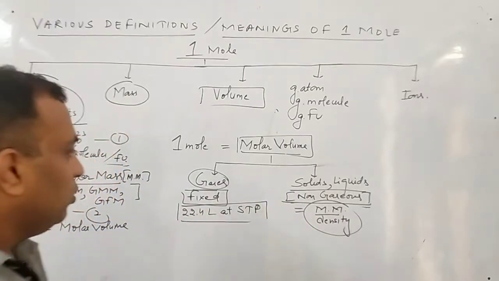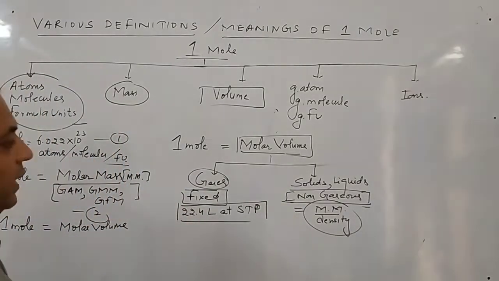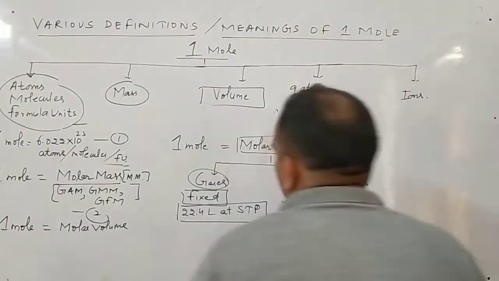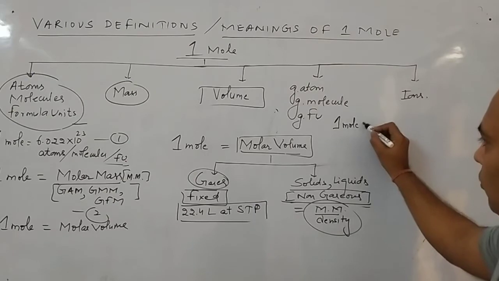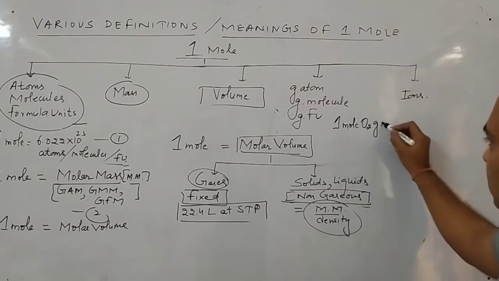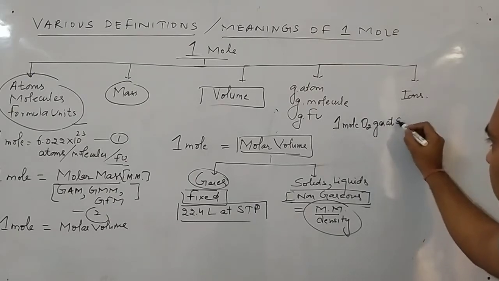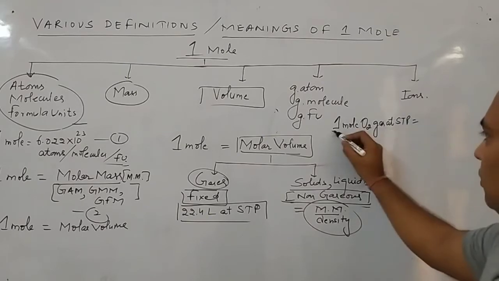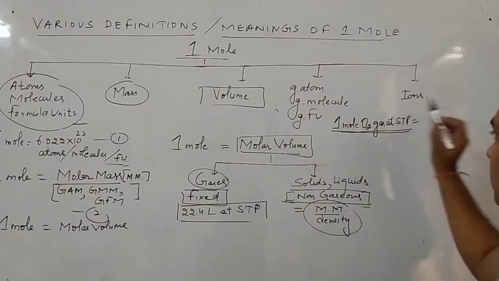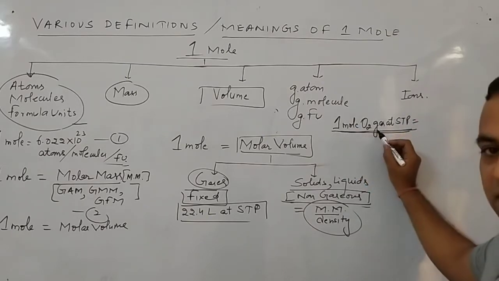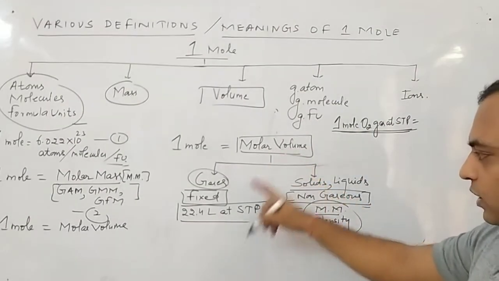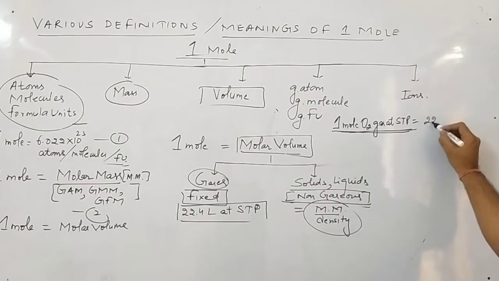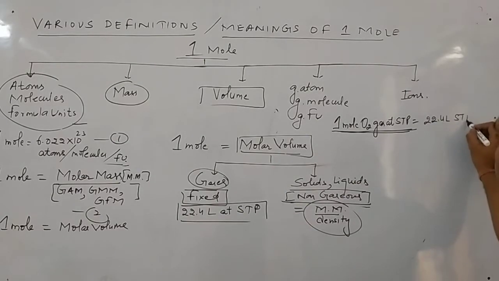Okay, so we will do some examples regarding the molar volume. 1 mole of oxygen gas at STP. What is the volume? Just see. The volume is equal to molar volume, and for a gas it is 22.4 liter at STP.